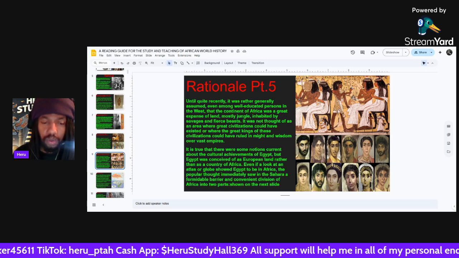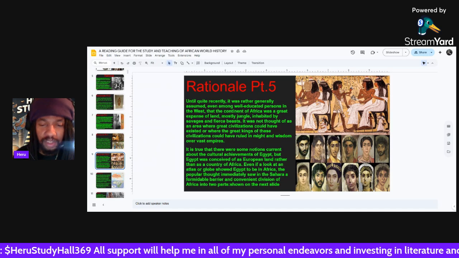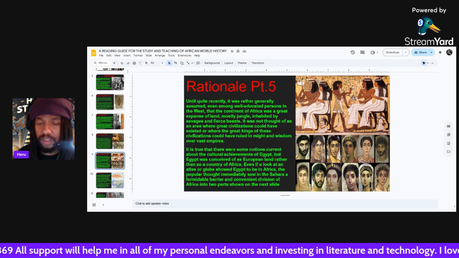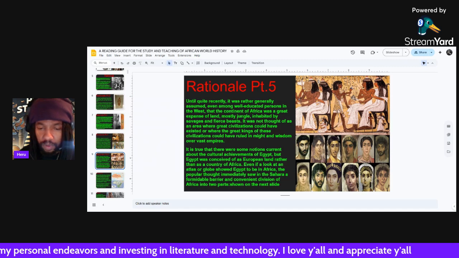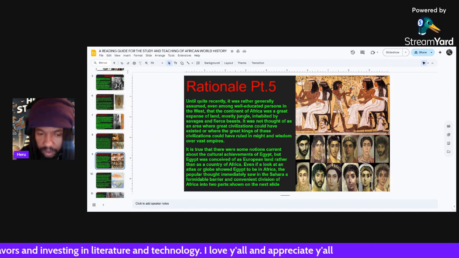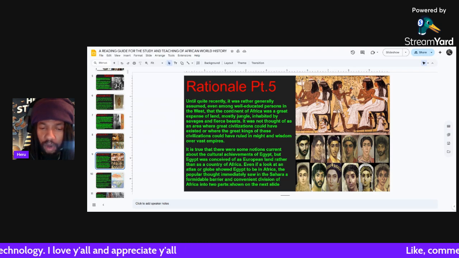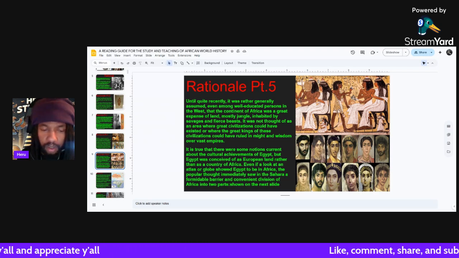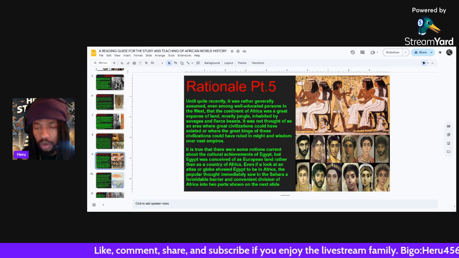It is true that there were some notions current about the cultural achievements of Egypt, but Egypt was conceived of as European land rather than as a country of Africa. Even if a look at an atlas or globe showed Egypt to be in Africa, the popular thought immediately saw in the Sahara a formidable barrier and convenient division of Africa in two parts, shown in the next slide.